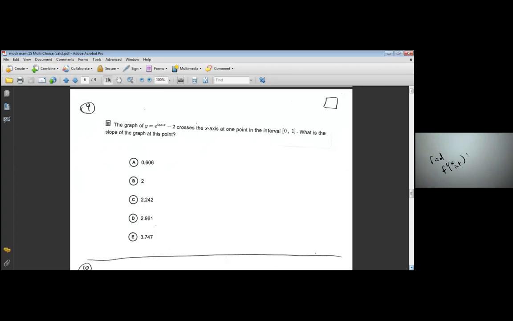So start with e to the tan x minus 2 on the interval 0 to 1, and first off, just find us that x-intercept. And then we're going to look for f prime of that point. So somebody find me the x-intercept first.